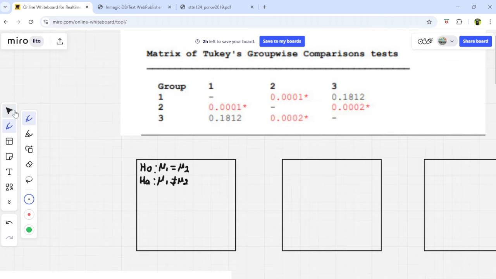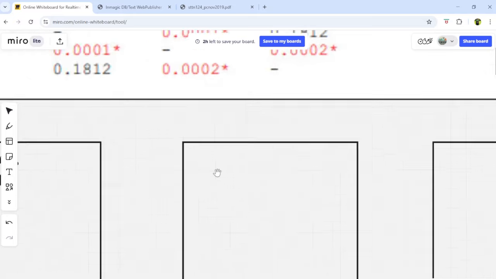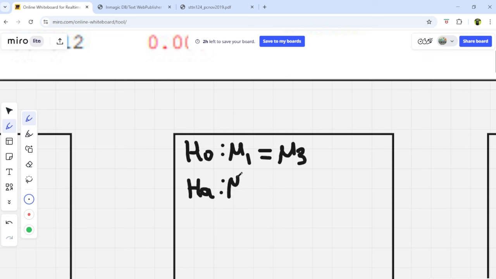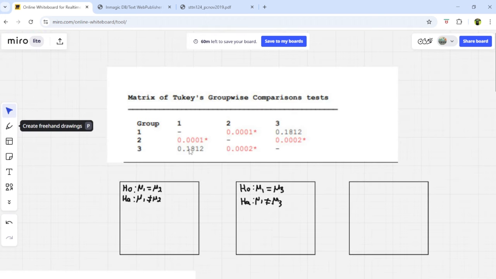Okay, so let's do the same thing here. Here we're going to say the null hypothesis, and then we say group 1 and group 3. Group 1 is equal to group 3, and then alternative hypothesis, group 1 is not equal to group 3. Now let me just do the last one as well.